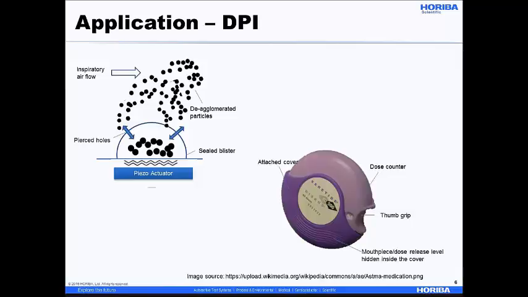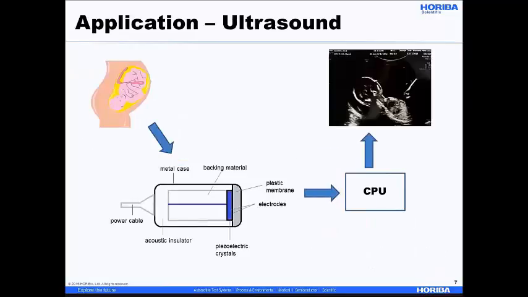It controls the amount that you inhale, and also lowers the irritation because the particles are much smaller after the deagglomeration, so it's much easier to inhale. So this is one of the applications out there that is using piezo crystal or piezo metal.